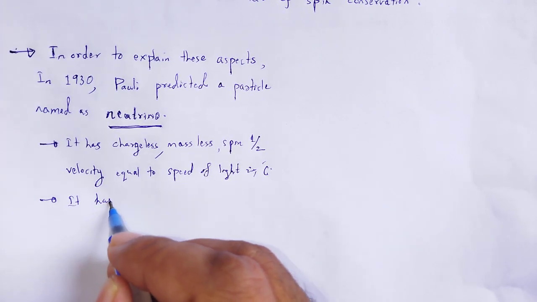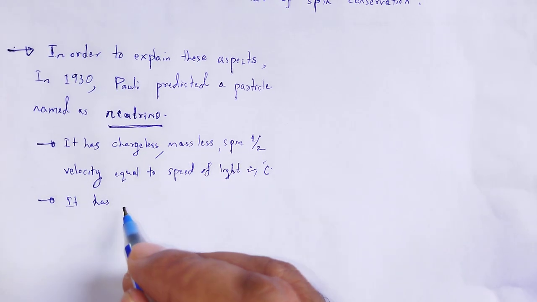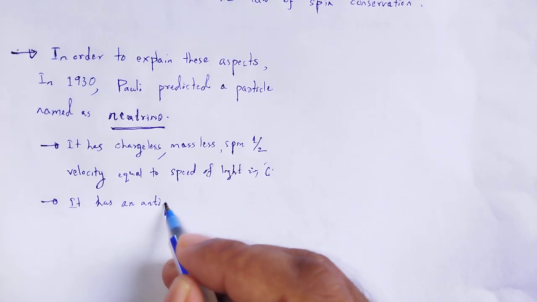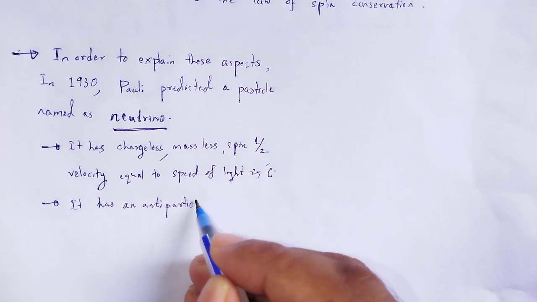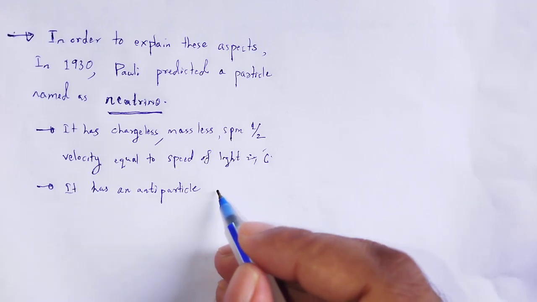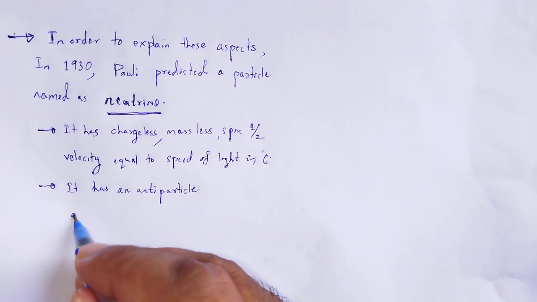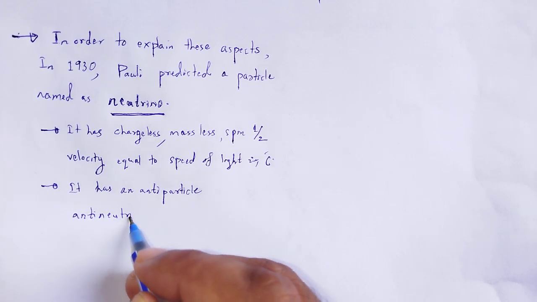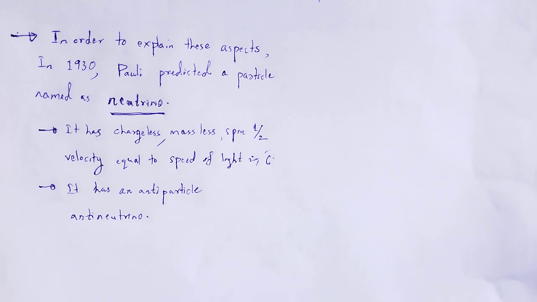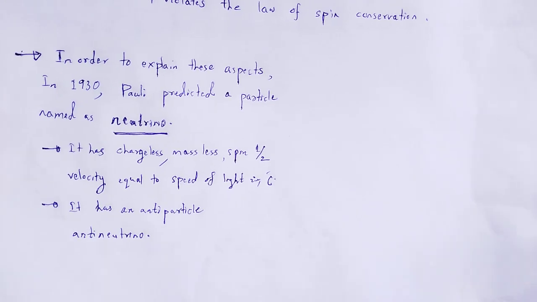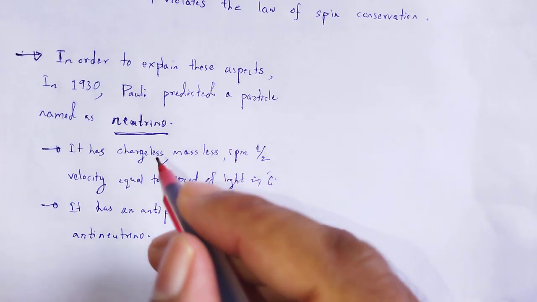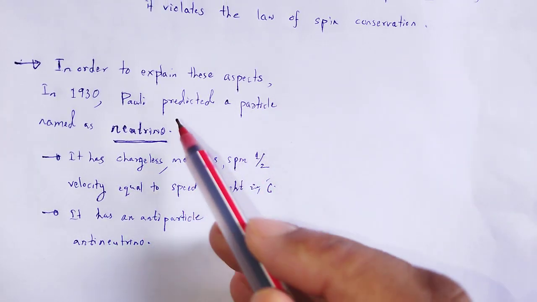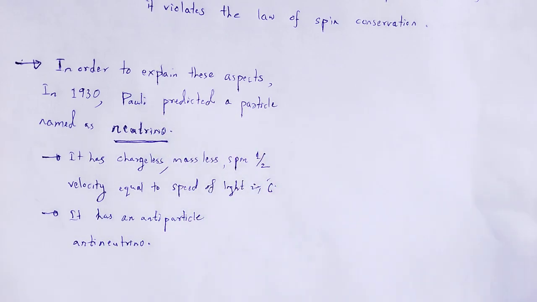It has an antiparticle, antineutrino. These are some basic properties of neutrino as predicted by the scientist Pauli.